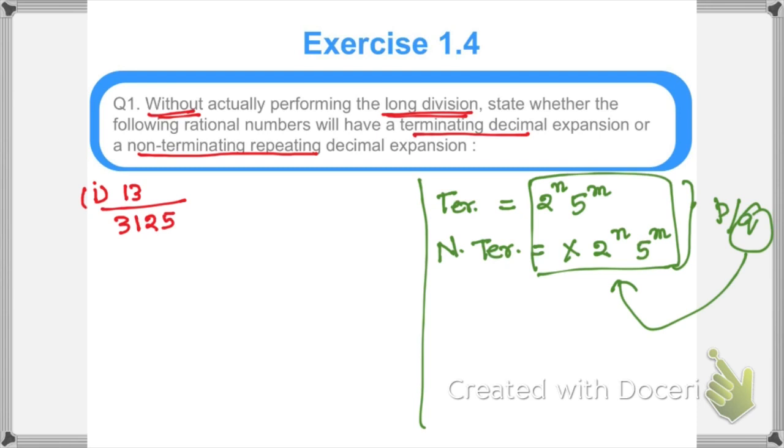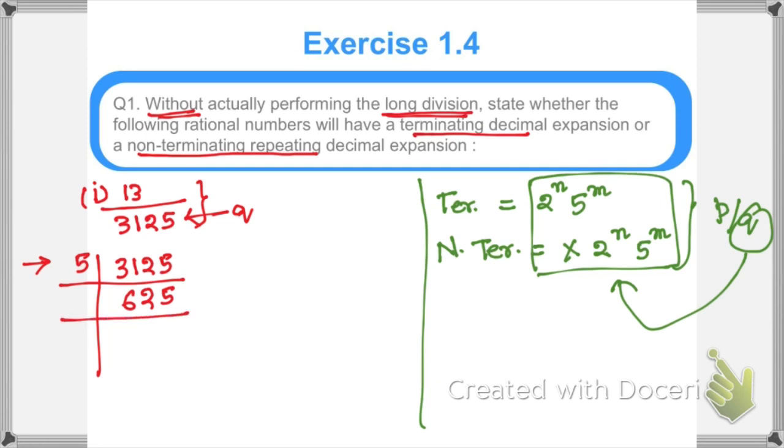So in this question we will solve this question first. Considering this is of the form p by q, q is this one. Performing the prime factorization for this 3125, that is q, we will get 5 5s are 25, and again 5 5s are 25.